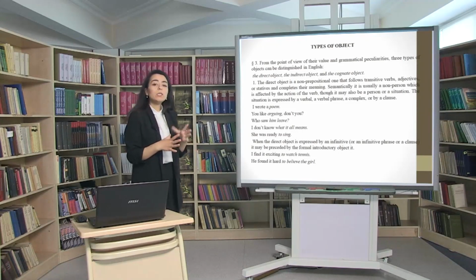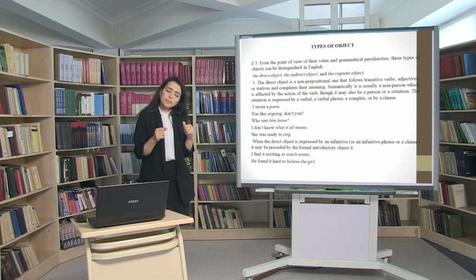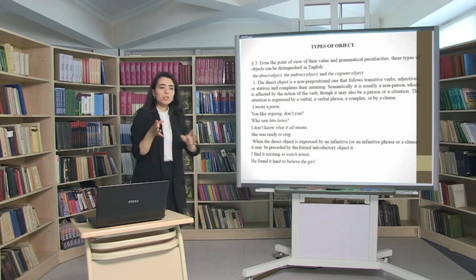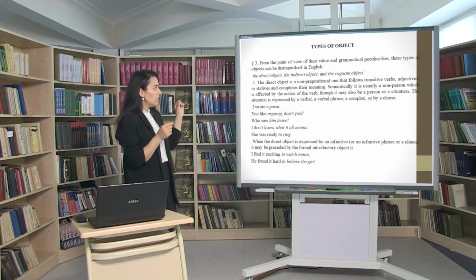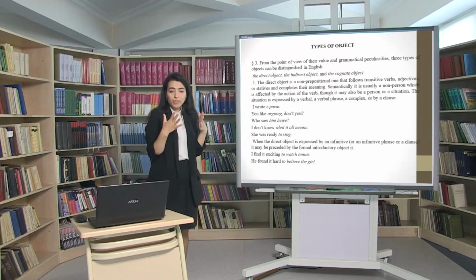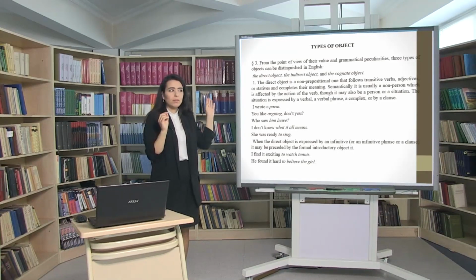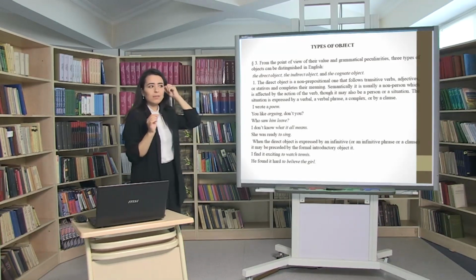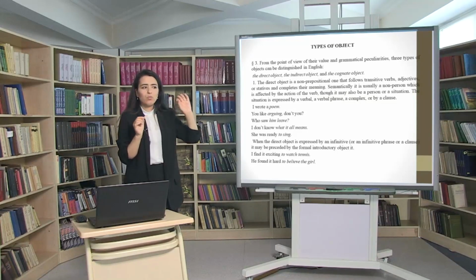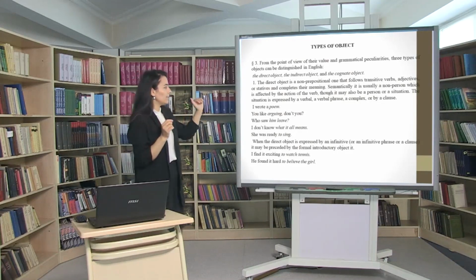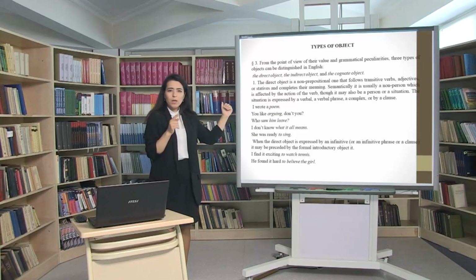For example, I wrote a poem. I would like to draw your attention to this point: the easiest way to find the direct object in the sentence is to ask the what question. For example, I wrote a poem.